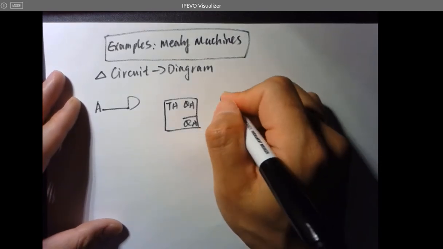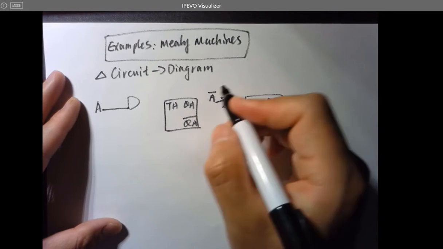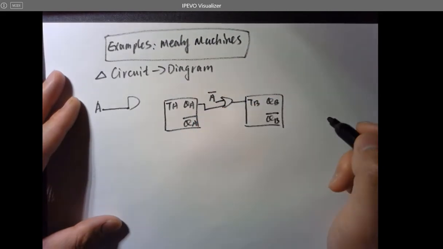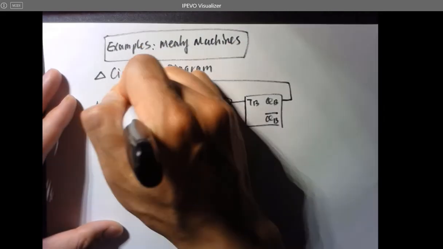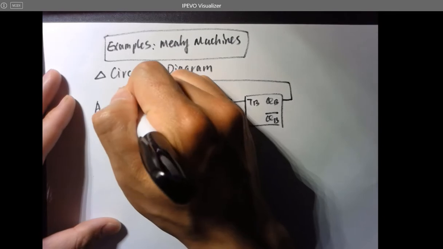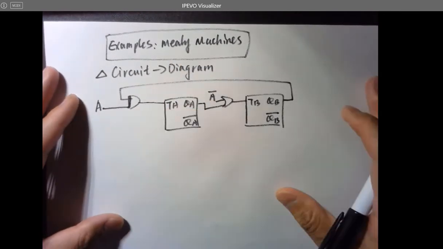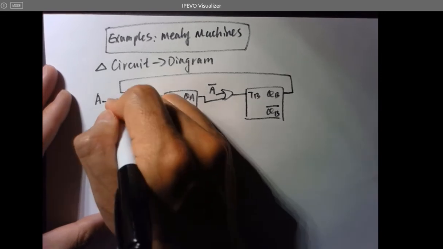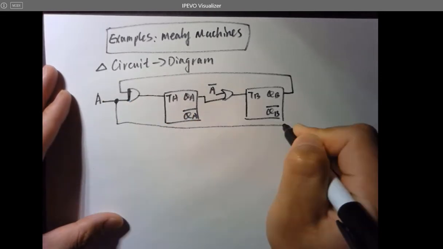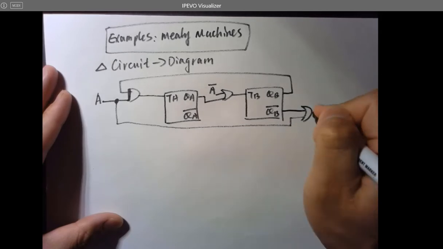That's the OR logic. The input is A naught. Another input is QA. QB comes back, gets into the AND gate of the input, and this goes to TA. And the last one, A will come forward to the output and OR with QB naught.